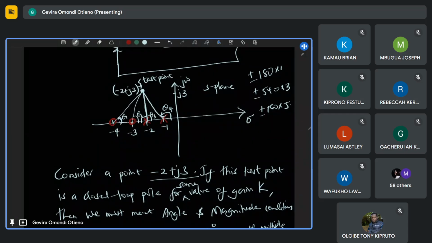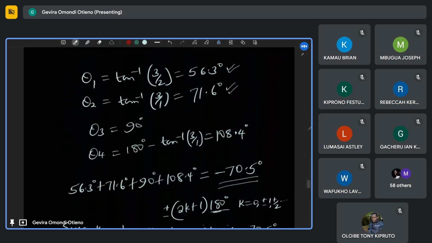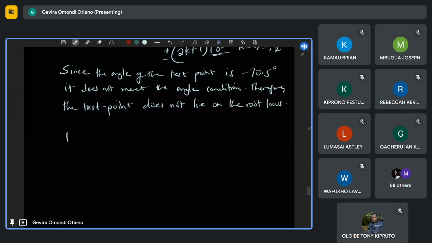If we moved the test point, so again, this is to check your homework, if the test point is, what was the test point? Let me just check again the question.